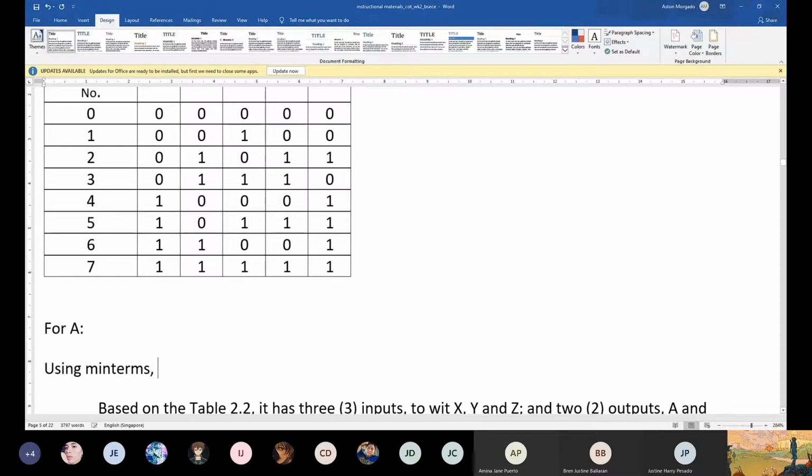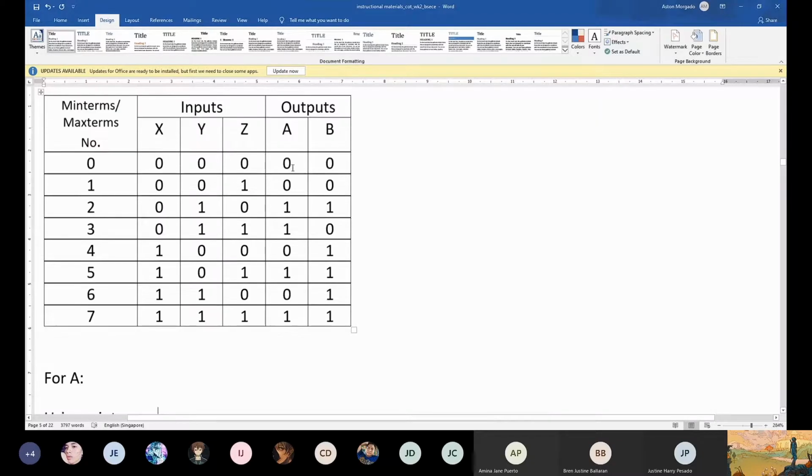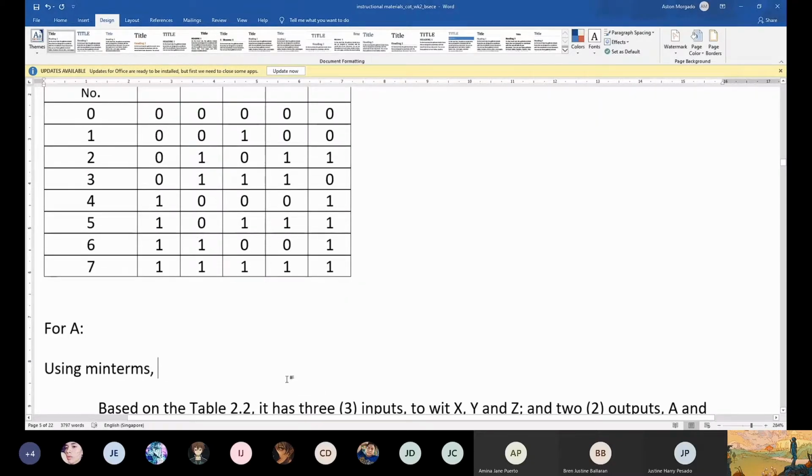Anyway, whether you use Minterms or Maxterms is a matter of personal choice. But since we want outputs of 1, by the way, Minterms correspond to output of 1.